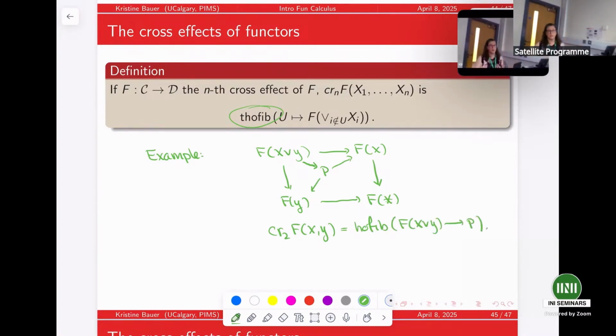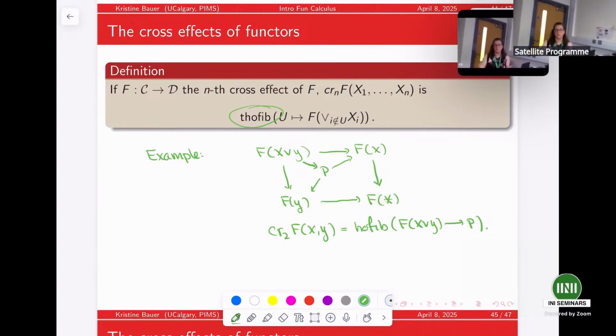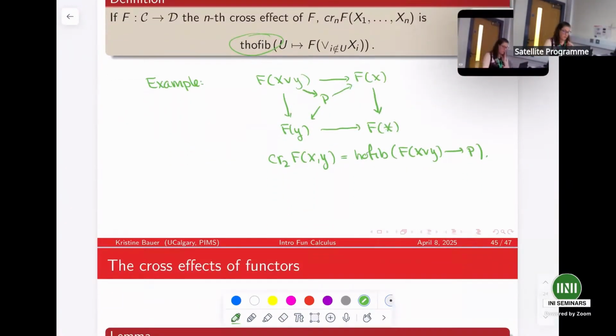So we have cross effects in this case, and they're given by looking at addition of some variables and looking at the difference between that, if I didn't have the f's here, I had a pushout diagram. So what we're looking at is the difference between taking certain pushout diagrams to pullback diagrams. Great. What's the next slide say?